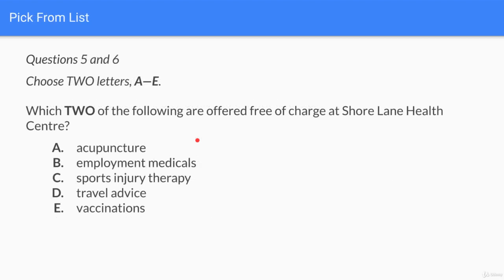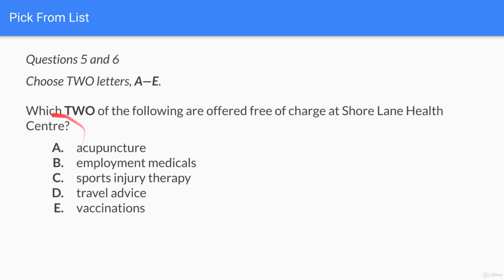Next, we have a pick from the list. So here we have a list of answer choices, and unlike the standard multiple choice where you only pick one correct answer choice, here you may have to pick 2 or 3 different answer choices.